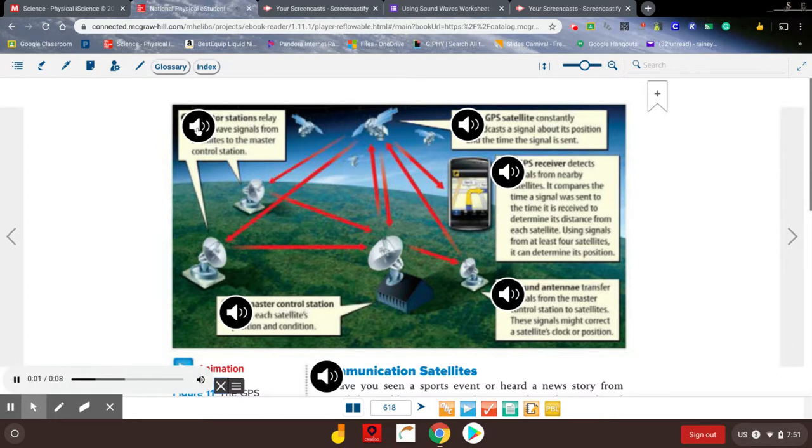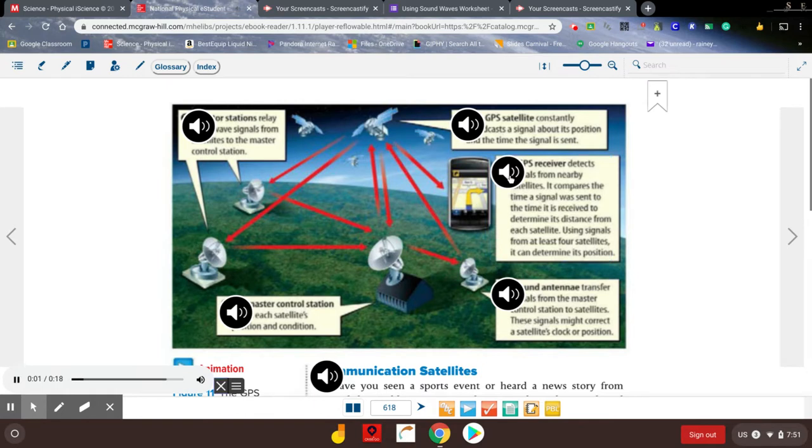Number 1. Monitor stations relay microwave signals from satellites to the master control station. Number 2. The master control station tracks each satellite's position and condition. Number 4. Each GPS satellite constantly broadcasts a signal about its position and the time the signal is sent.